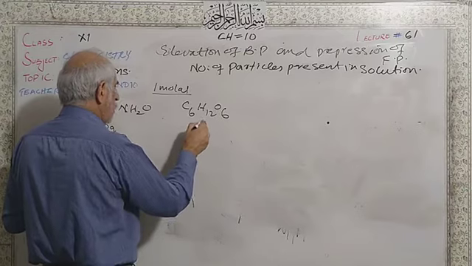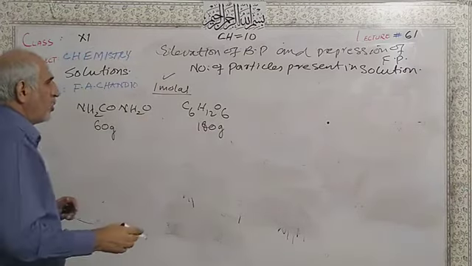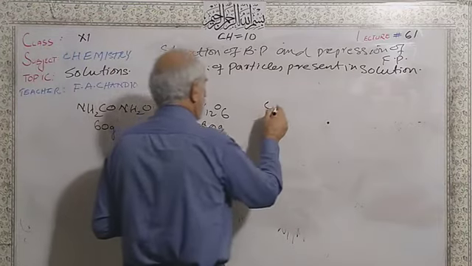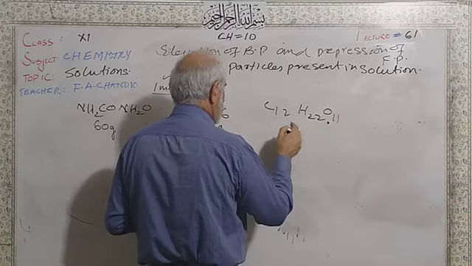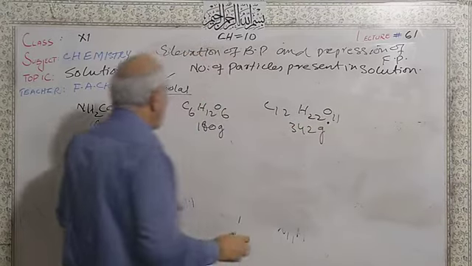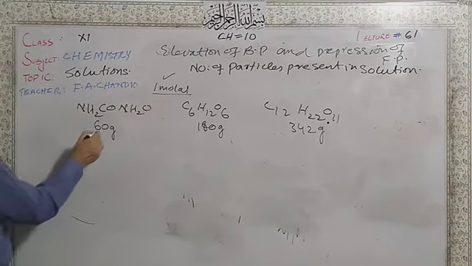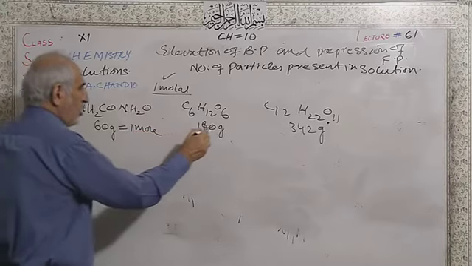Glucose, 180 grams of glucose is equal to 1 mole. Sucrose, 342 grams of sucrose is also 1 mole.